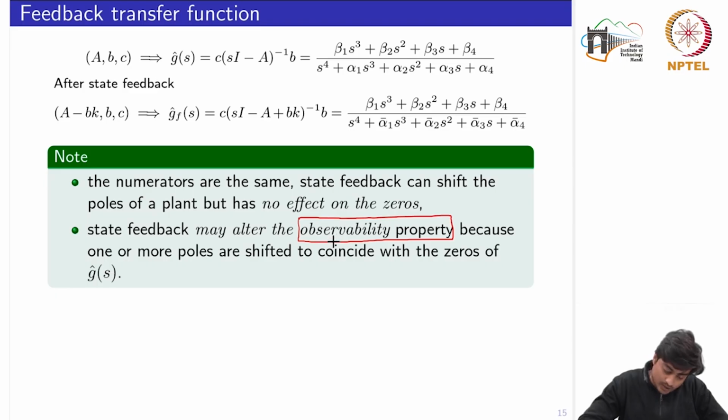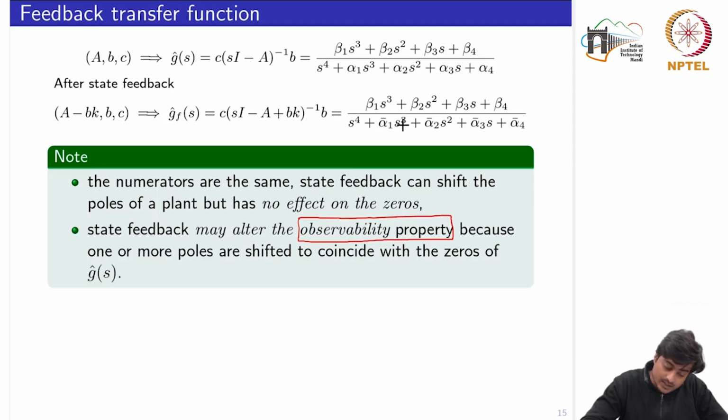For now you can visualize it this way: suppose there are some zeros of the plant, and in the plant there is no overlapping of the zeros and the poles.